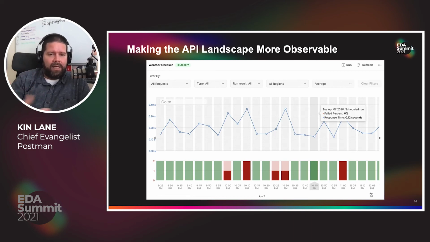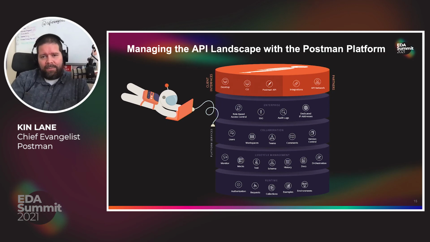You can see it as monitoring dashboards. You can understand whether it's healthy or not healthy, and how things are working beneath the scenes. So all of this really goes a long way to making it so you can see your infrastructure and understand what's going on across your teams, across the API lifecycle.